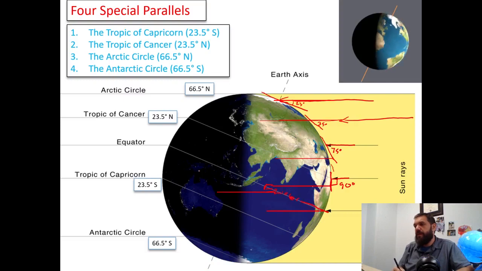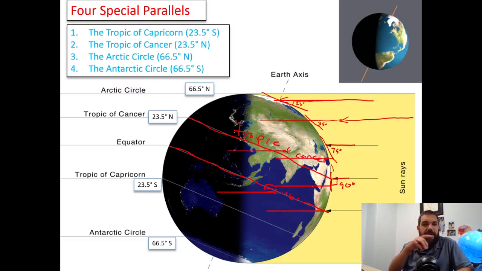So at the summer solstice, the point at which the sun is directly overhead is actually at this line right here. We have a special name for that line, it's called the Tropic of Cancer. And the actual latitude of the Tropic of Cancer is a very special number.